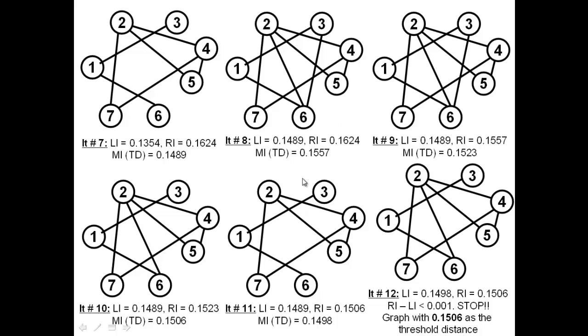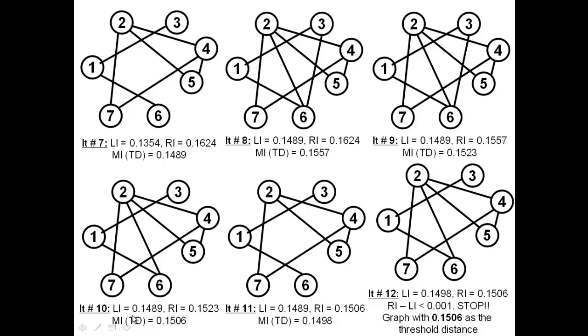So we can make the right index to be 0.1557, the new middle index is 0.1523, using this as a threshold distance on this graph and check if any edge on this graph is having a distance greater than 0.1523. The answer is probably not, so we get the same graph, it is a connected graph, so we can make the right index to be 0.1523.